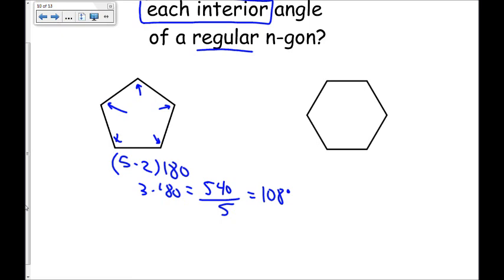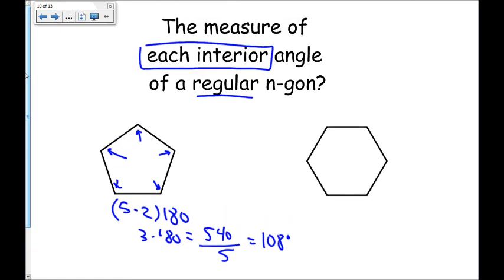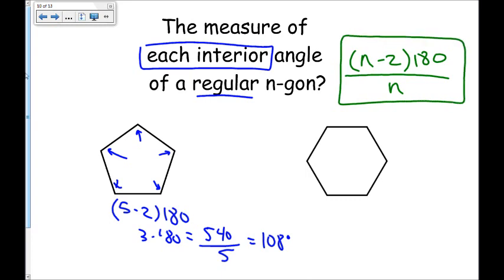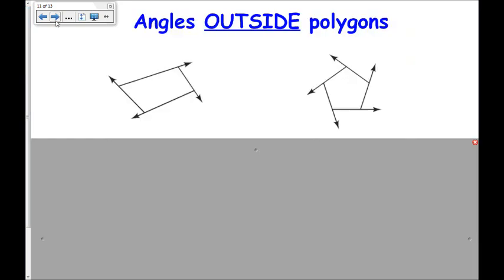So in general, the measure of each interior angle of a regular n-gon will be n minus 2 times 180 for the sum, and you will divide that by n because each angle is the same. So this is the formula for each interior angle of a regular n-gon.